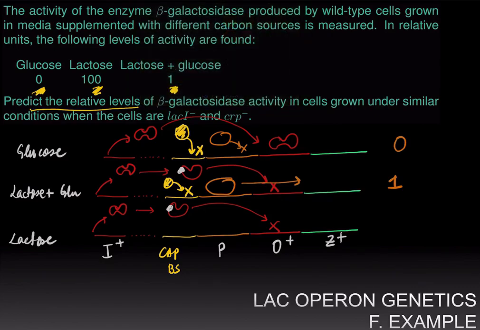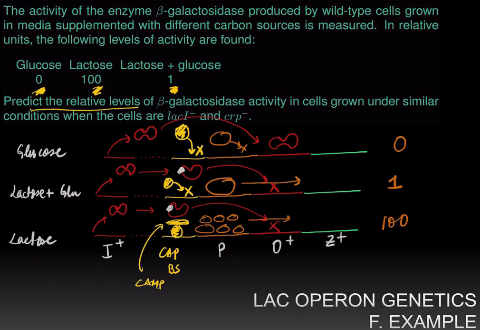But in addition, we have lots of cyclic AMP. So this disk is cyclic AMP. Since glucose is not inhibiting the conversion of ATP into cyclic AMP, and that recruits a lot of polymerase to the promoter, leading to a very high activity level of 100.